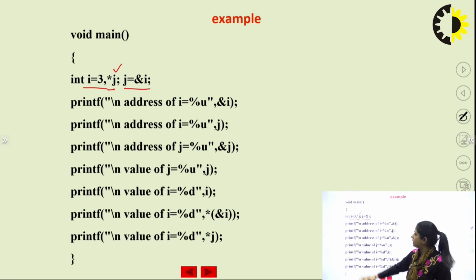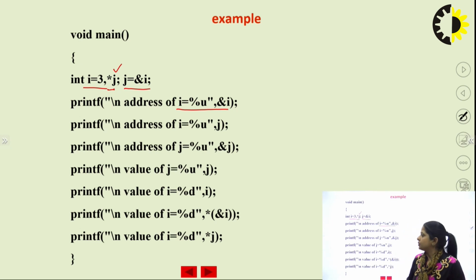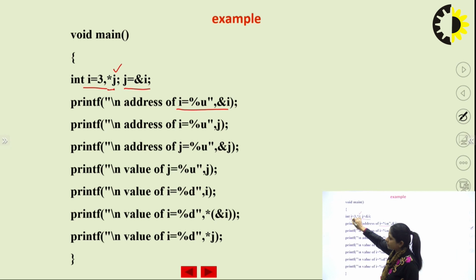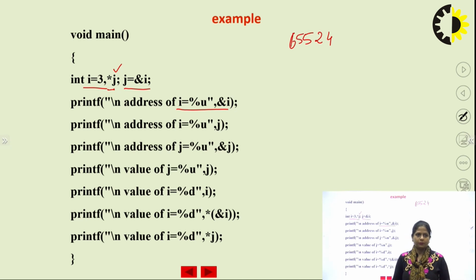So, we can write j is equal to address of I. Now, I am trying to print the address of I. When I declared this I, it must take some space in memory, and some address will be assigned to it, for example 65524. So, what will be the address of I?